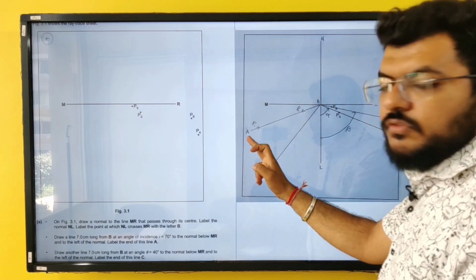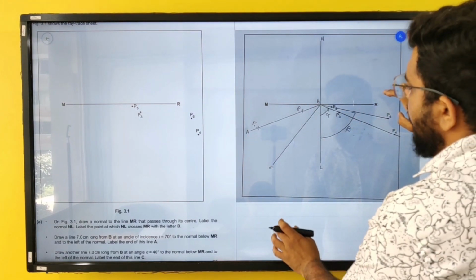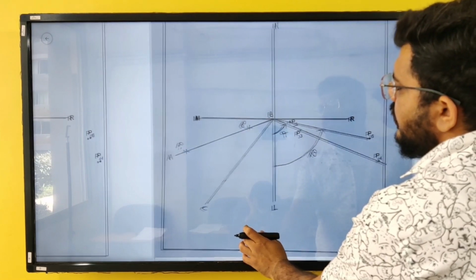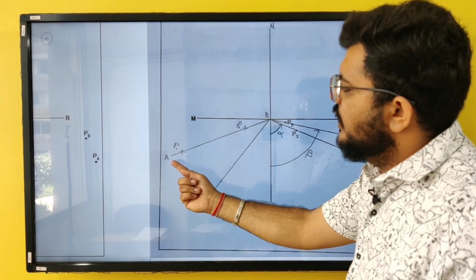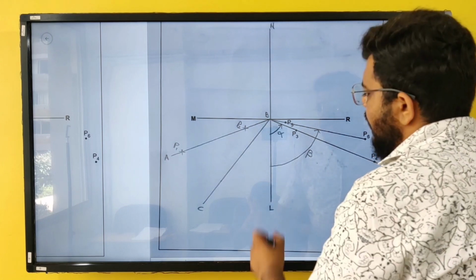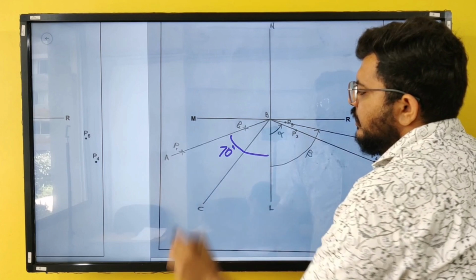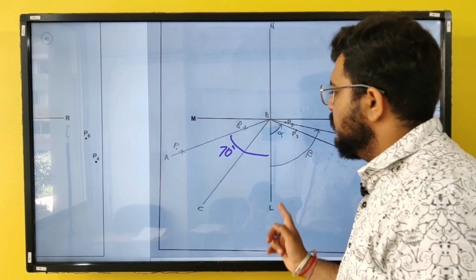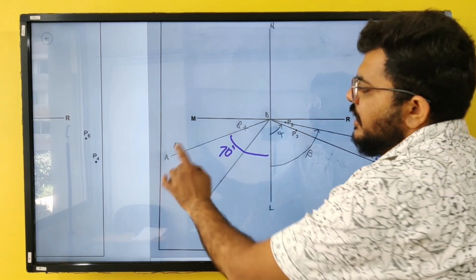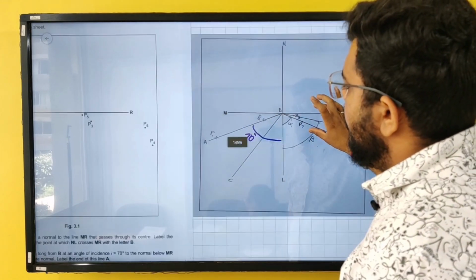So on this side of the normal, as you can see here, I have drawn this line, taking this point A. I had to measure that this angle must be 70 degrees, that is the angle of incidence between the normal and a ray. Name it AB, that's what they have said. So I have named it AB.